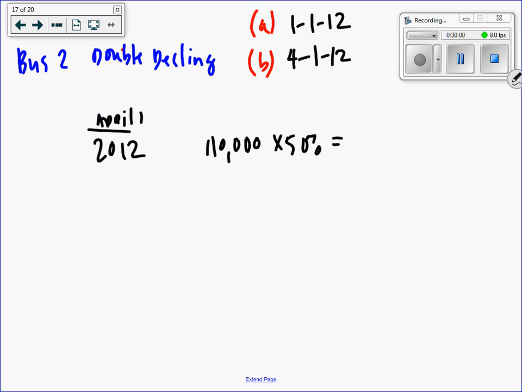We know that's 55,000. We calculated that once, but they're saying, okay, what if we didn't buy this at the beginning of the year like we did in A? What if we bought it on April 1st? If we bought something on April 1st and we are showing what its value is for the whole year, how many months did we have it if we bought it on April 1? Did you say 9? Okay.